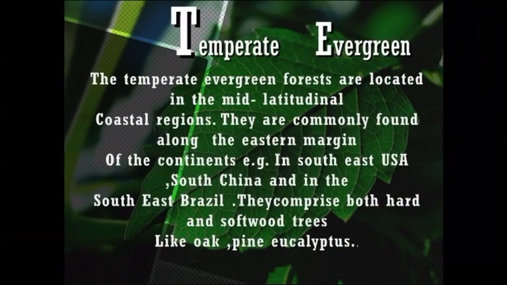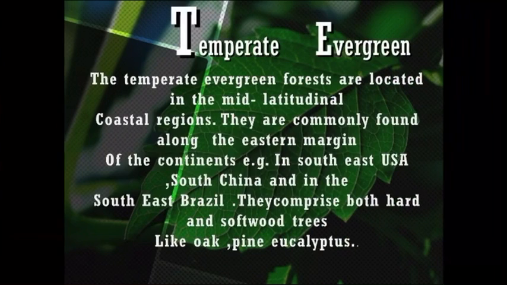The next is the temperate evergreen forests. The temperate evergreen forests are mostly found in the warm temperate belt in the mid latitudes. The main regions are along the eastern coastal margins of the continents: southeastern USA, southeast Brazil, South China, South Japan, and parts of New Zealand.